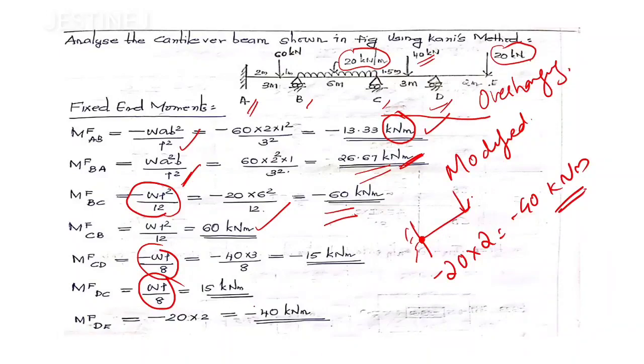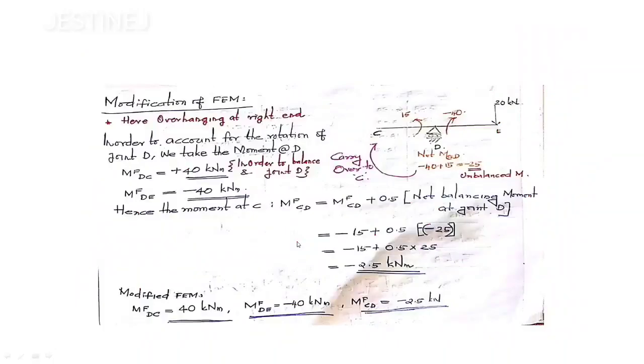Our next aim is to calculate the modified fixed end moment for those cases. Here you can observe that the DE portion is overhanging, and the moment which you obtained at joint D is minus 40. We already know that to balance that joint, the value is going to be plus 40.